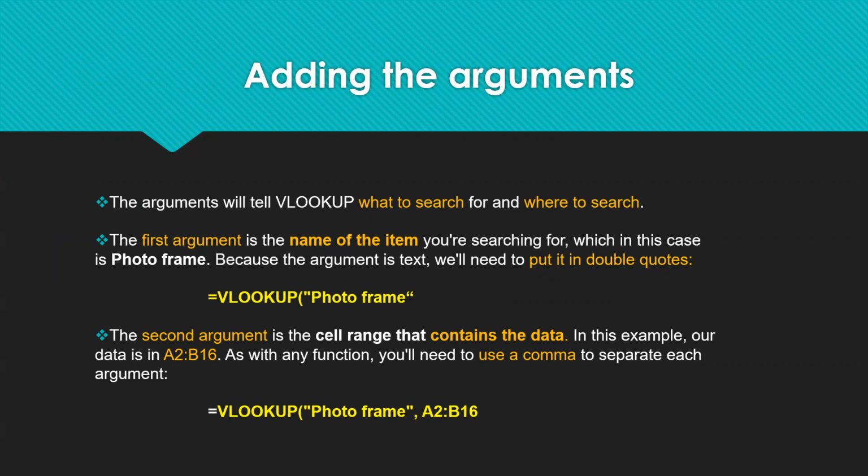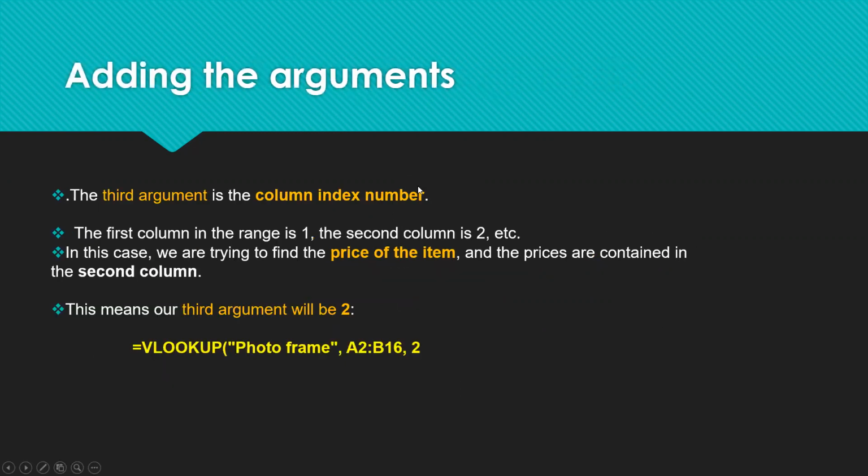The third argument is the column. The first column in the range is 1, the second column is 2, and so on. In this case, you are trying to find the price of the item, and the prices are contained in the second column. This means the third argument will be 2. So VLOOKUP is equal to photo frame, A2 to B16, 2.